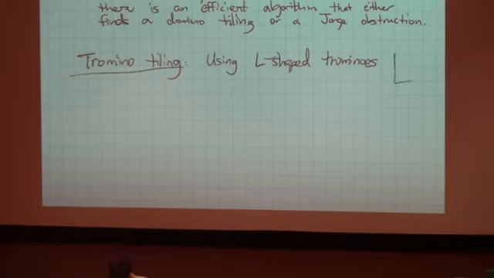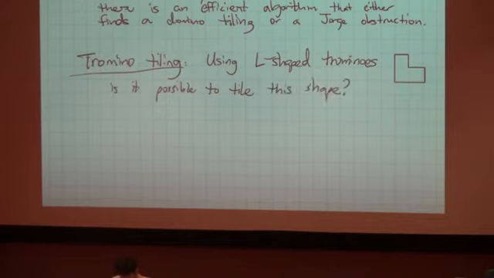An L-shaped trombino is this shape or any of the 3 other rotated versions thereof. Is it possible to tile the following shape, which is going to be just an L-shaped trombino scaled up by a factor of 2?